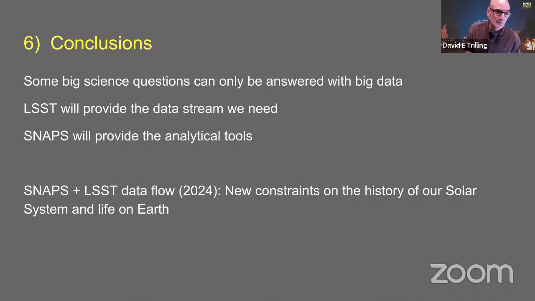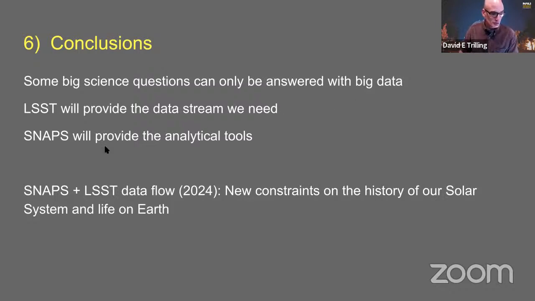Okay, here's my last slide. So our conclusions, here we go. Some big science questions can only be answered with big data. These are questions about the formation of the solar system, the origin of water on the Earth, and the origin of life on Earth. LSST will provide the data stream that we need to address these questions, and SNAPS will provide the analytical tools that we need to address those questions.